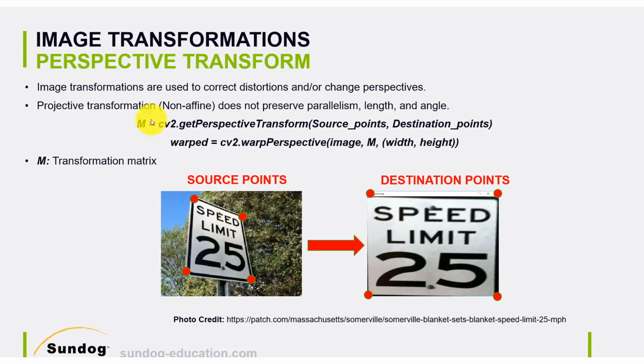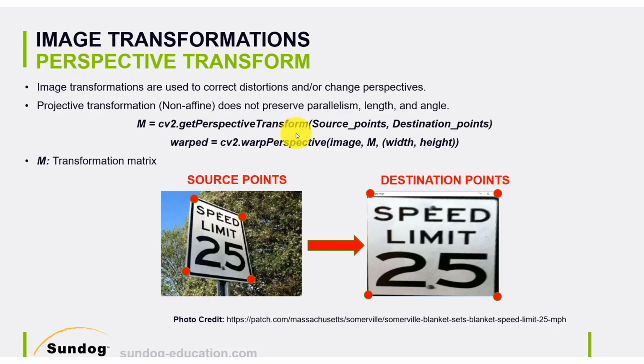From these two, I get what we call an M matrix, using getPerspectiveTransform. We provide the source points of the object and the destination points, what I want these points to be. Then getPerspectiveTransform from OpenCV returns the M matrix, which we call the transformation matrix.